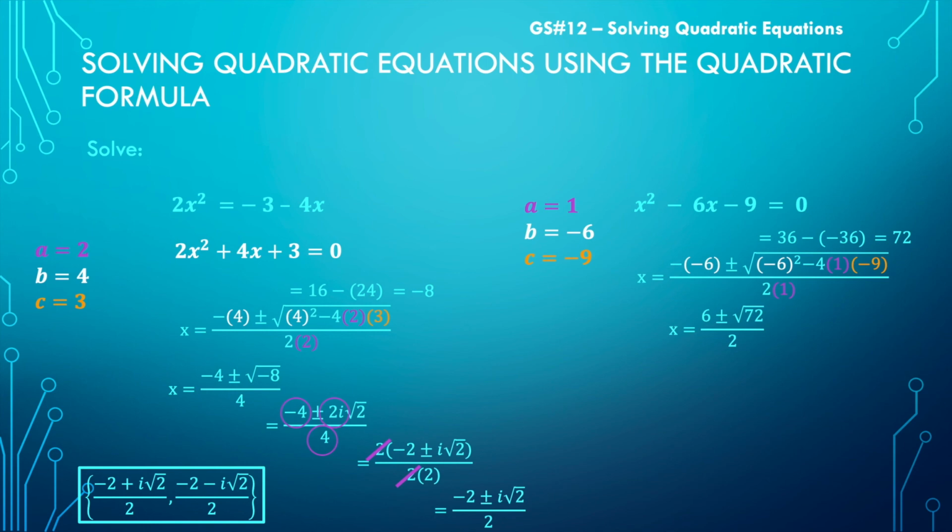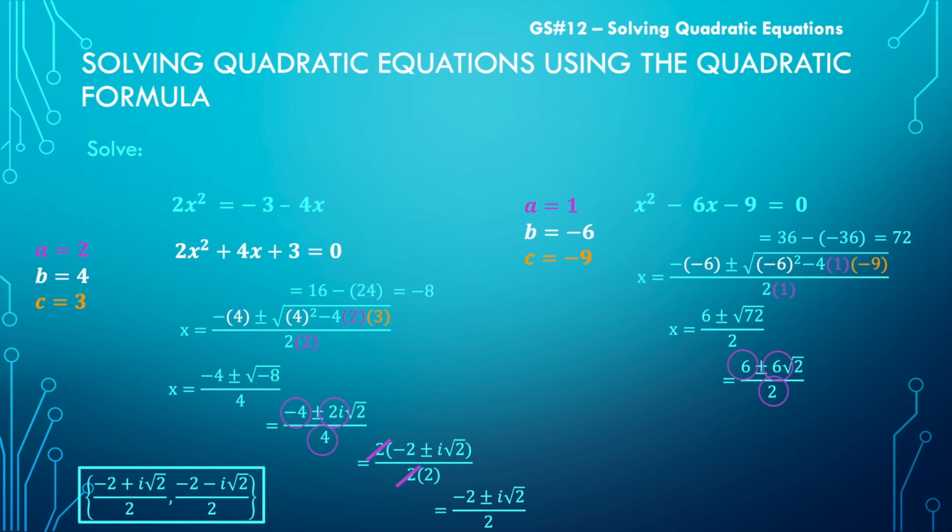Simplify the radical. That square root of 72 breaks into the square root of 36 times 2, and that's 6 rad 2. So 6 plus or minus 6 rad 2 all over 2. Look for common factors. 6, 6, 2, they all have a common factor of 2.